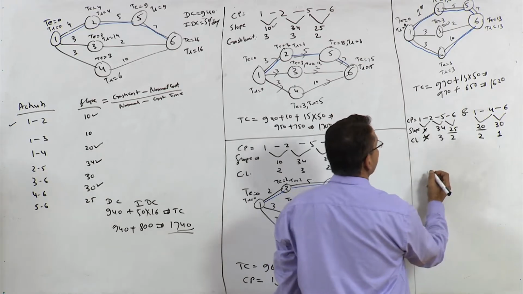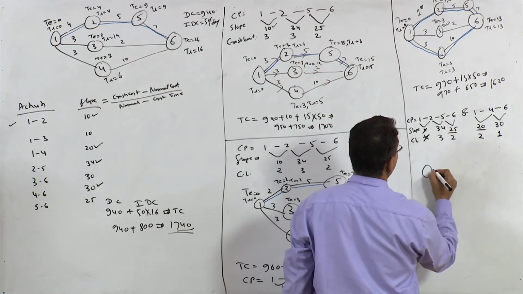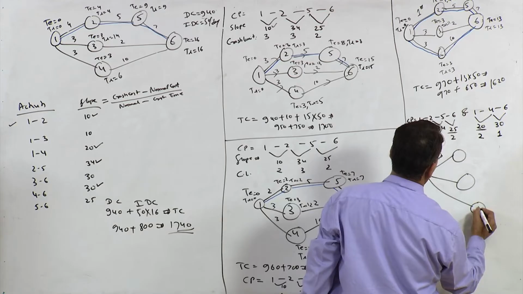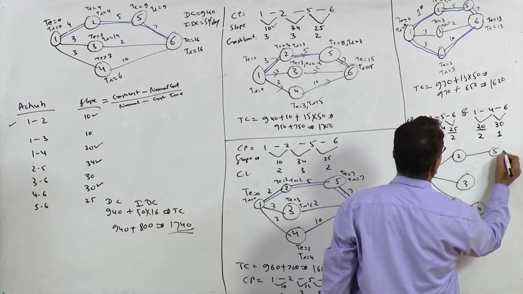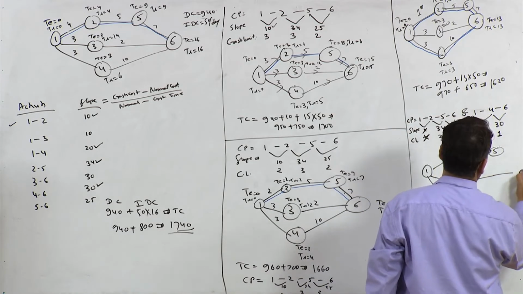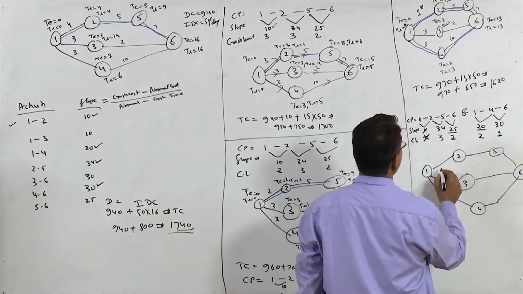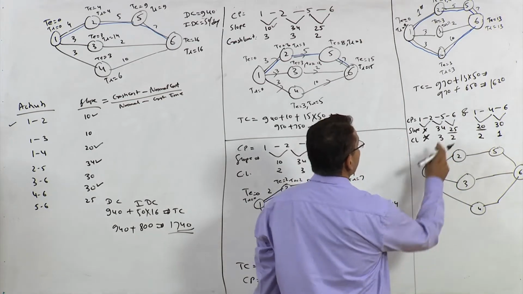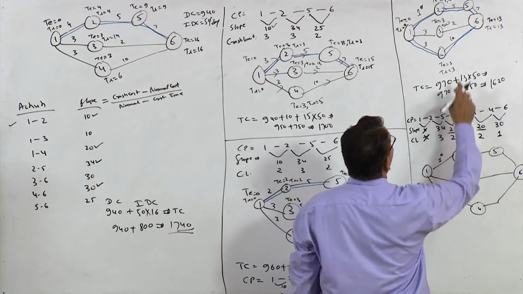So what we are doing, we are reducing activity 5.6. So let me first draw the network. So this is 1, already exhausted. We have to reduce 5.6. Where is 5.6? 5.6 is this, right?